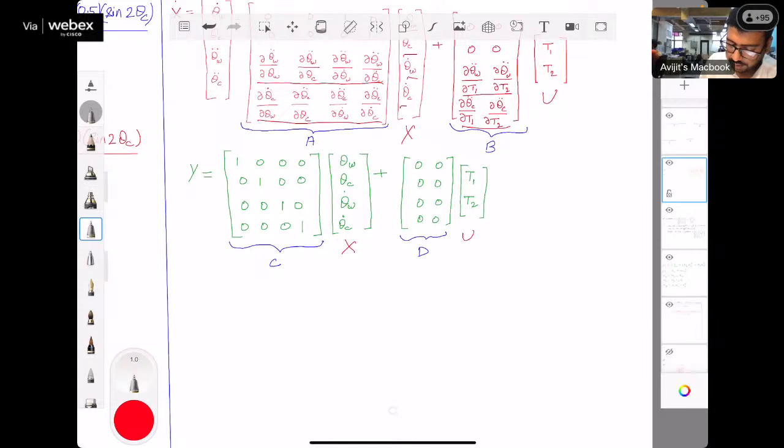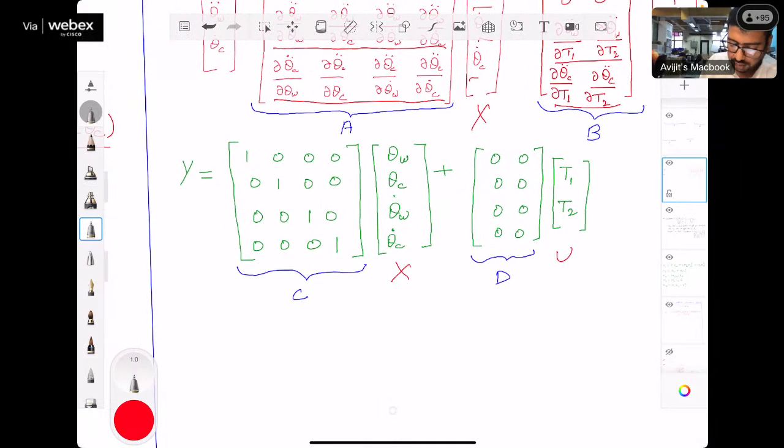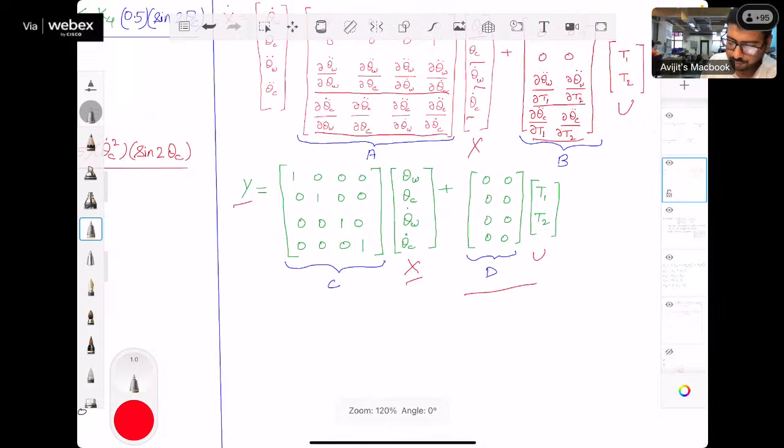Since our output is the same as the states, we have C as an identity matrix, and since there is no feed forward, D is a null matrix.